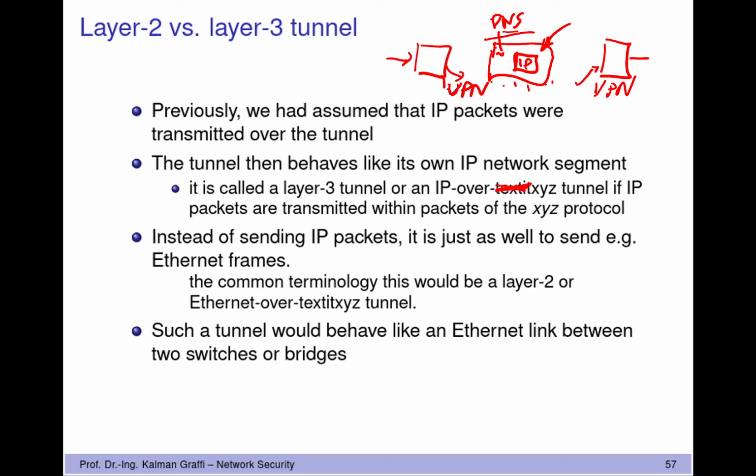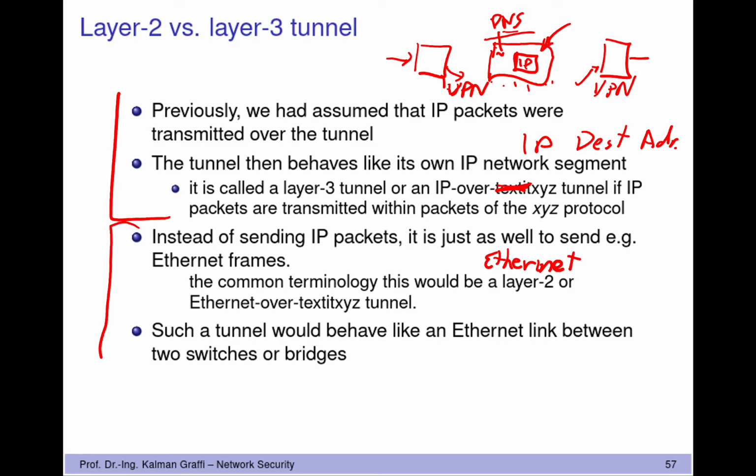So this would be the layer 3 IP tunnel. But we could also send Ethernet frames. They're different. Here we address per IP address, so we have the IP destination address. But we could also use Ethernet as a lower layer. Ethernet itself is built differently.